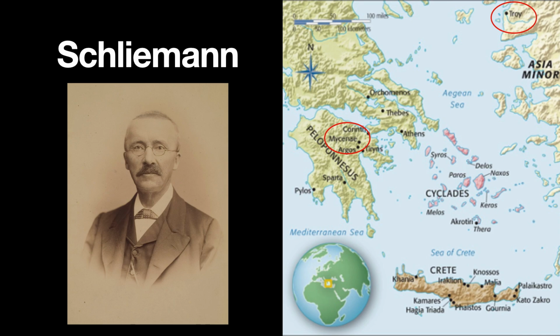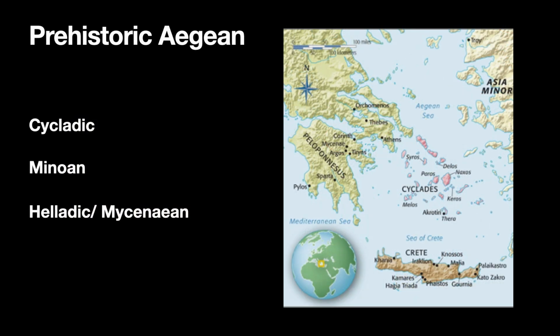His excavations were at sites that scholars now agree were Troy and Mycenae. At the time, much was already known about classical Greece, since the Greek ruins at Athens were visible and above ground. But little was known about the prehistoric Aegean civilizations that came before.